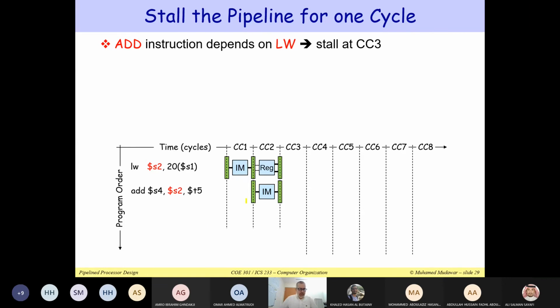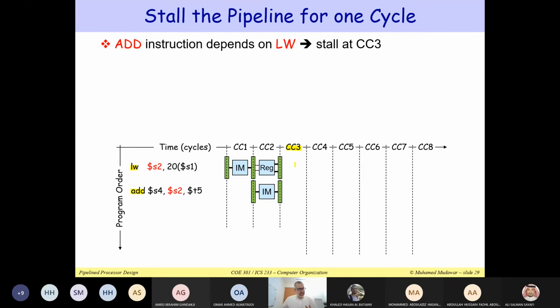So first we have to detect the load instruction. We detect this during clock cycle number 3. During clock cycle number 3, we have already fetched the add instruction. So the add instruction is now here in the decode stage, in the second stage of the pipeline, and the load word instruction is in the third stage, the execute stage.